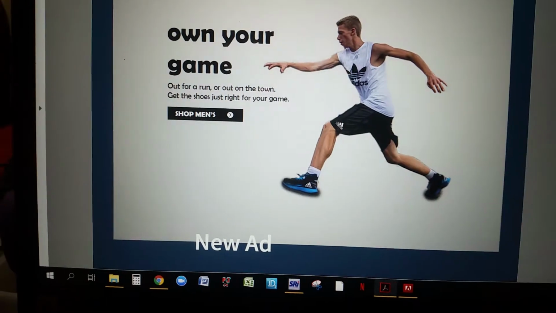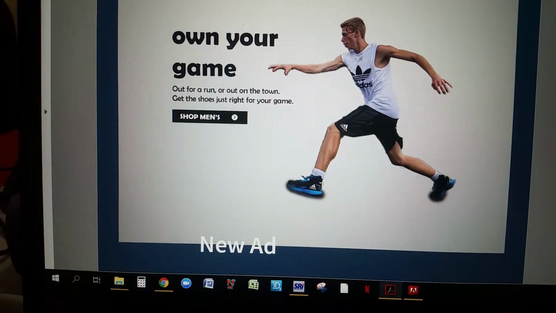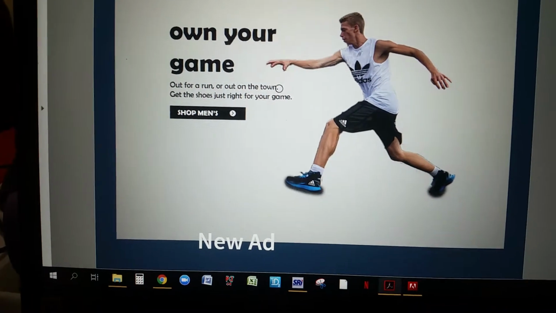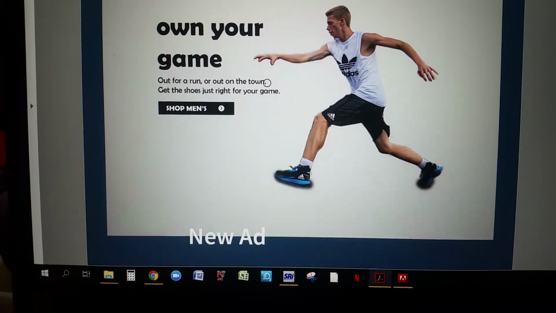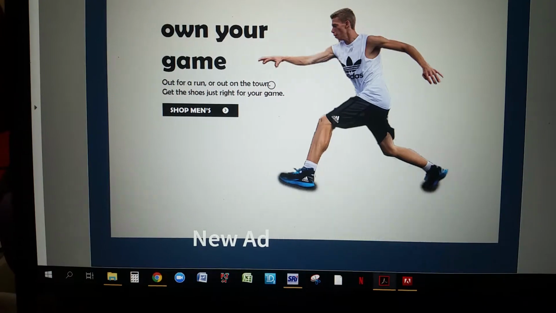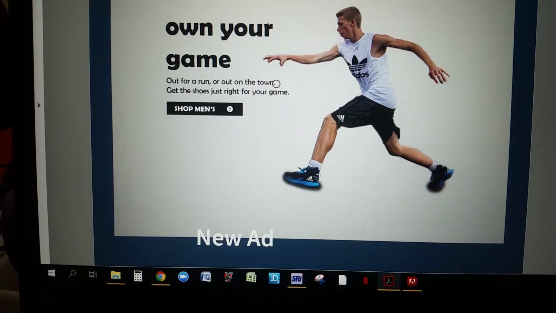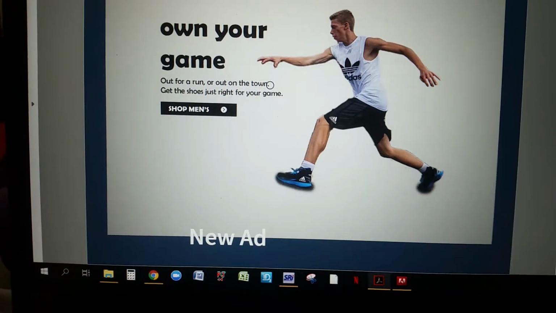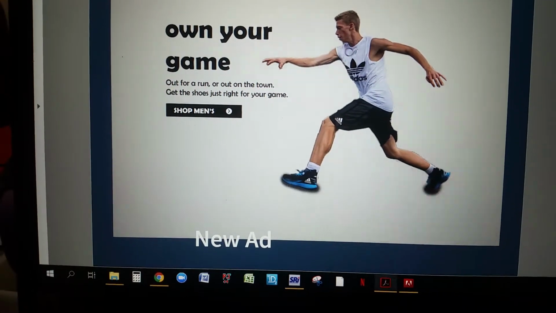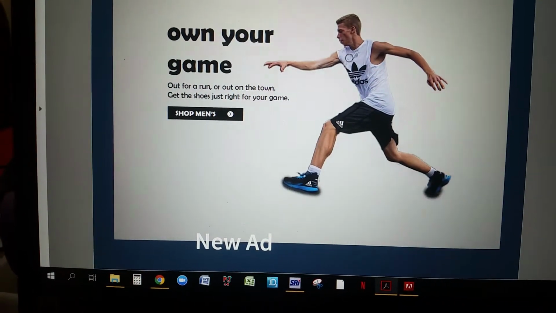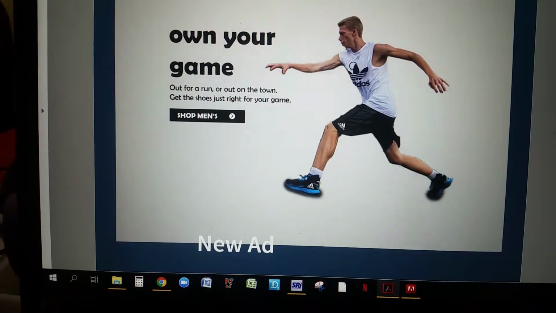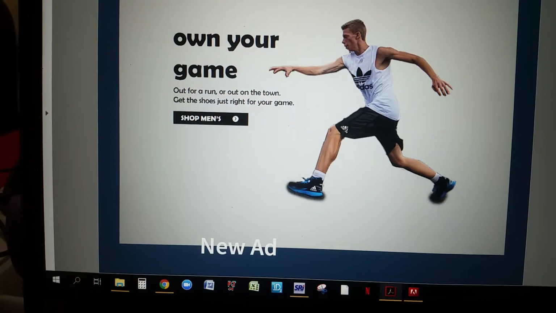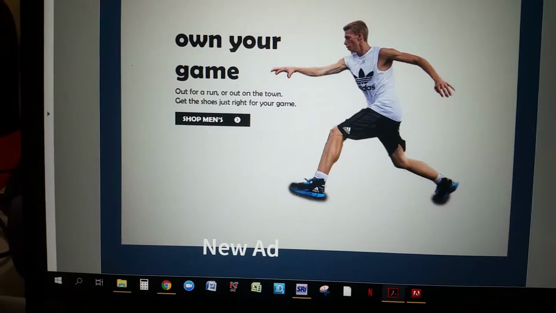And this time I decided to show a man running, because I didn't like just people standing there. It's like totally copying, and I don't like copying, so I put this man. I changed his shirt to have the ADIDAS logo, and his pants too, and the shoes too.